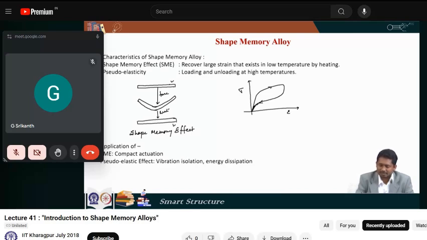Because after unloading it came back to where it started, it is kind of elastic behavior. But here the behavior is hysteretic. We can see that the loading and unloading paths are not the same. This kind of behavior is generally associated with energy dissipation. So this is called pseudo elasticity.